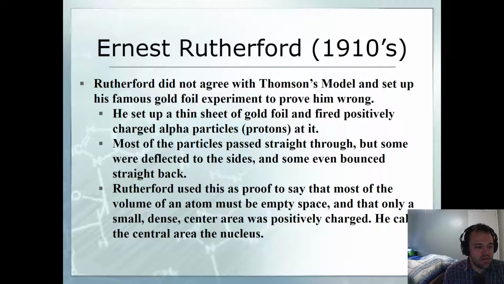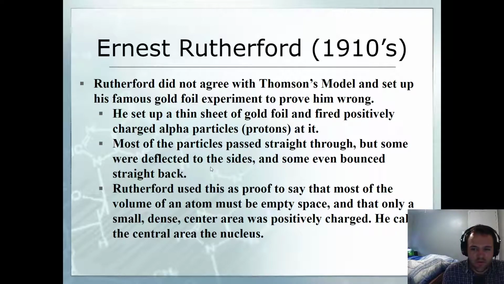What's really interesting about gold and a couple other metals is that when you spread them out into foil, you can spread them out very, very thin, to where they're only 1 or 2 atoms thick. So he set up a little sheet of foil, and then he fired protons at it. Alpha particles is what they're called, but they're just protons.